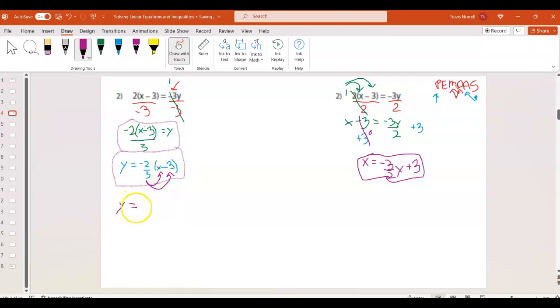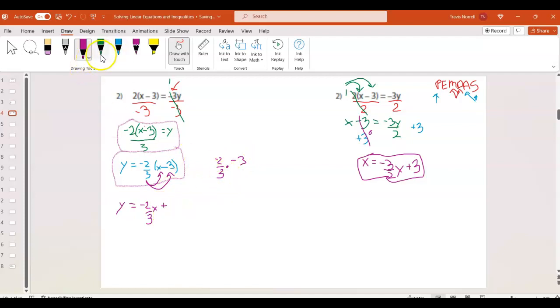Y is equal to negative 2/3 times x would give you negative 2/3 x. And then negative 2/3 times negative 3. Let's come out here to the side to do that. Negative 2/3 times negative 3. Well, first of all, we know a negative times a negative is a positive.